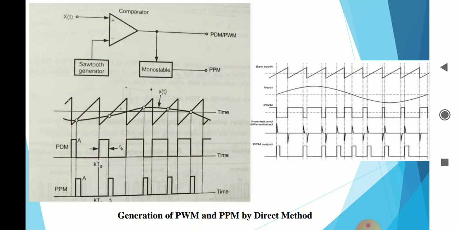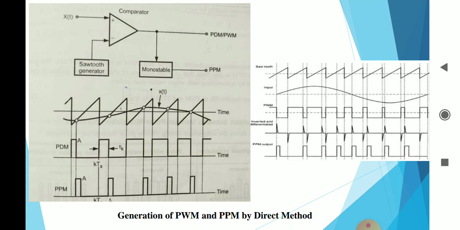First of all, we can identify how a PWM waveform is generated. If you see the first starting cycle of the sawtooth waveform, at the starting point where the sawtooth waveform is at negative 1, my pulse signal is on, and it maintains a constant amplitude value until it meets the message signal; that is the on time, and the remaining time will be off until the starting of the next cycle.